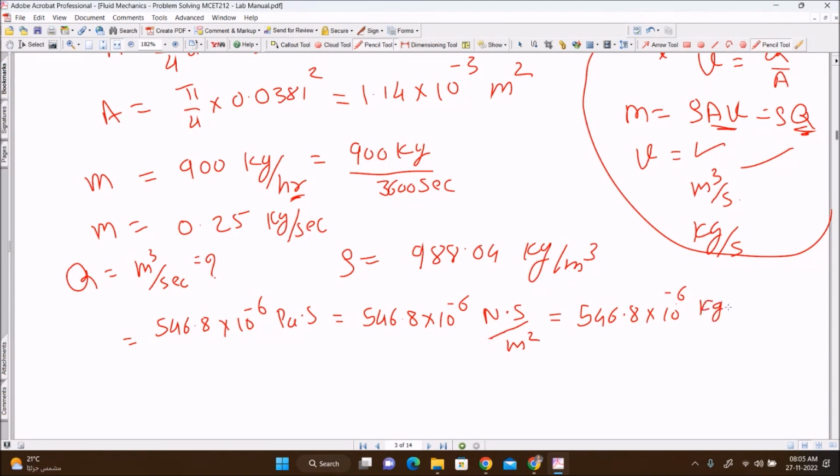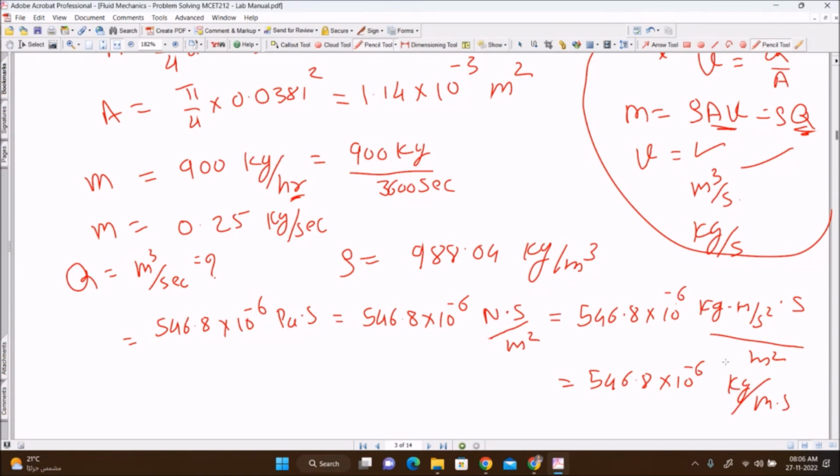Newton is kg meter per second square. Second as it is, meter square as it is. So the seconds get cancelled, the meter square gets cancelled, and you will get 546.8 into 10 to the power minus 6 kg per meter second. So this is one of the units of viscosity.